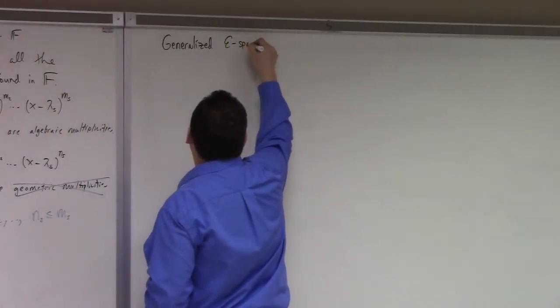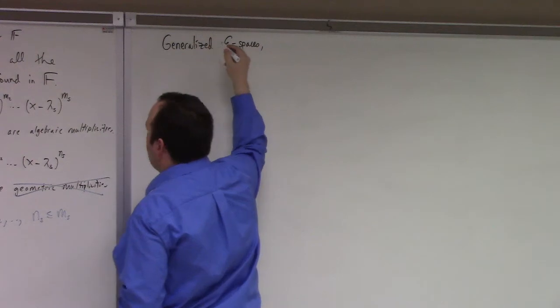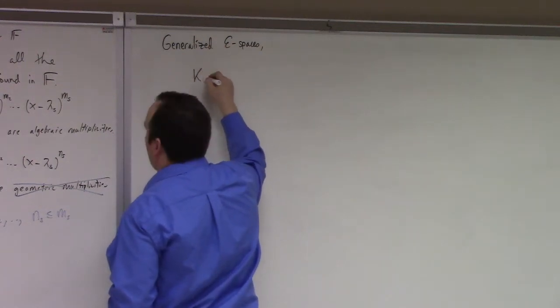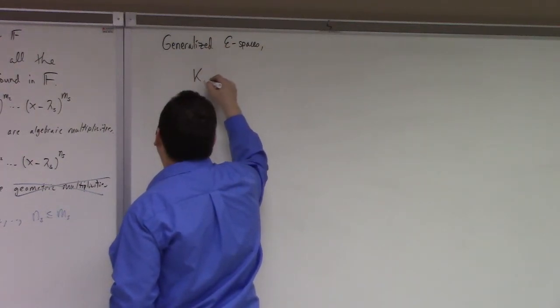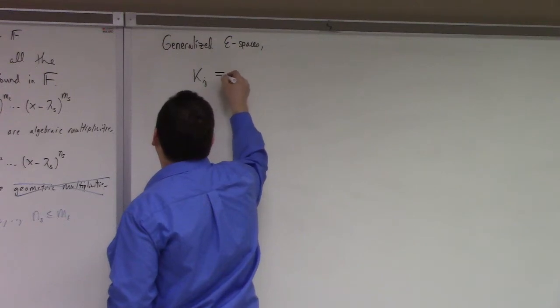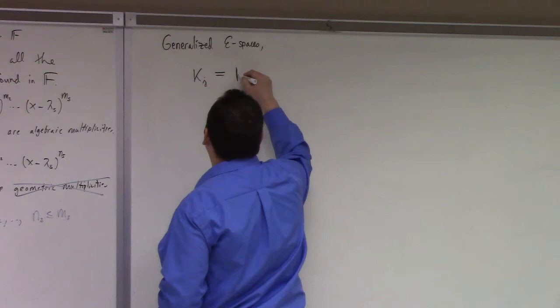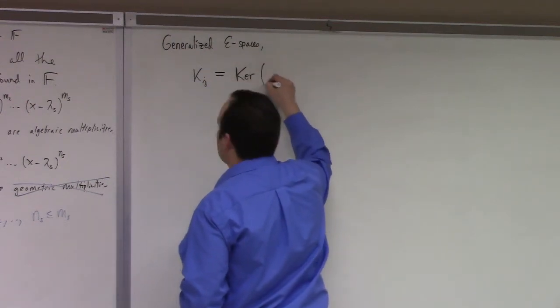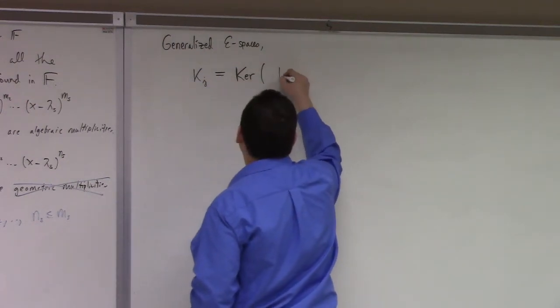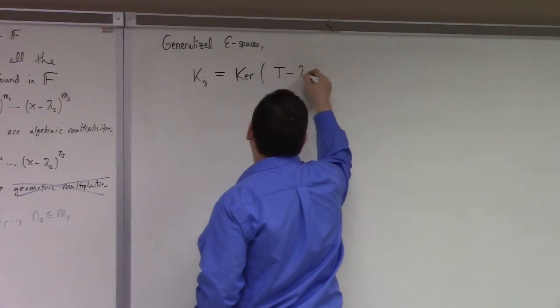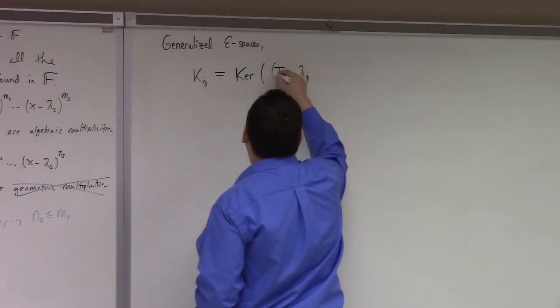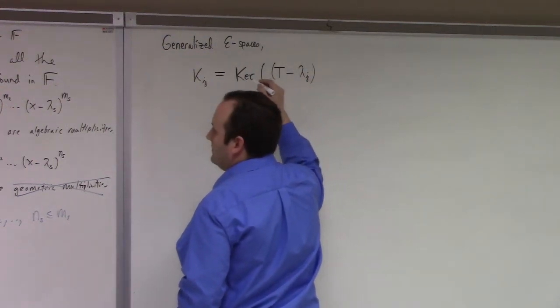Generalized eigenspaces. Usual notation for these is something like this: K, like kj, let's say, is equal to the null space. Well, in my current language, the kernel of T minus lambda j raised to the m1 power.